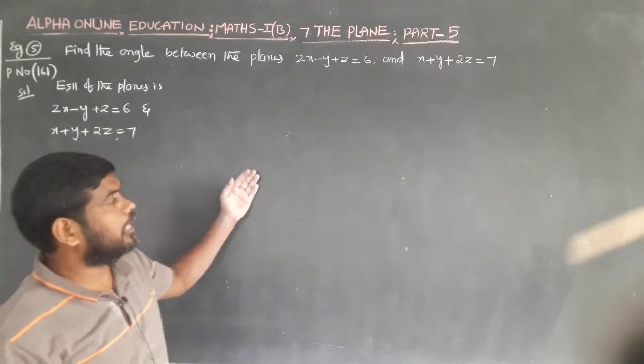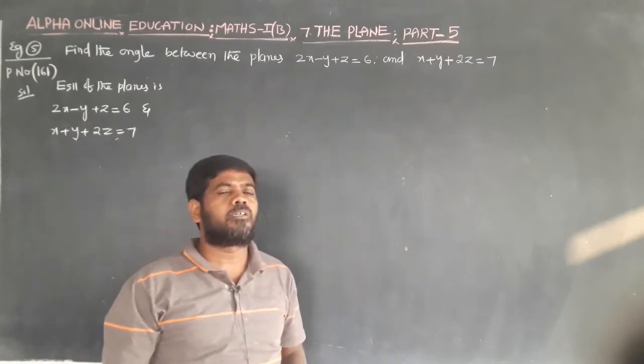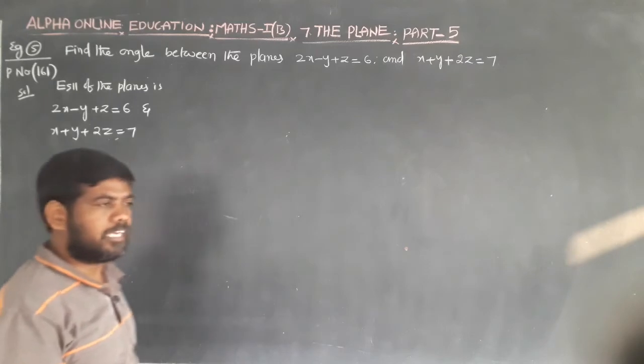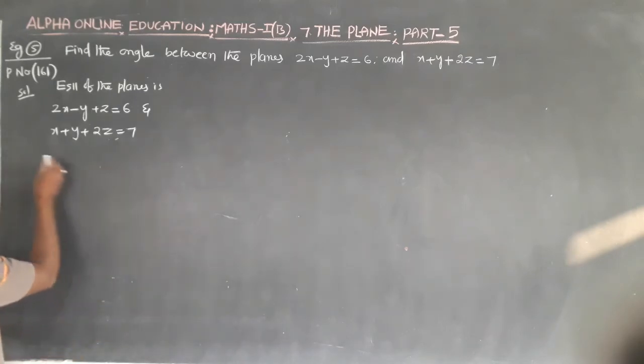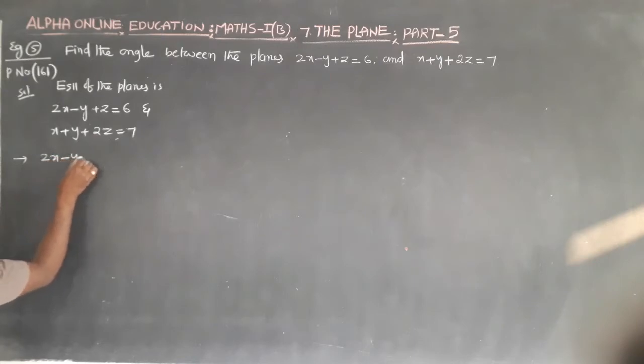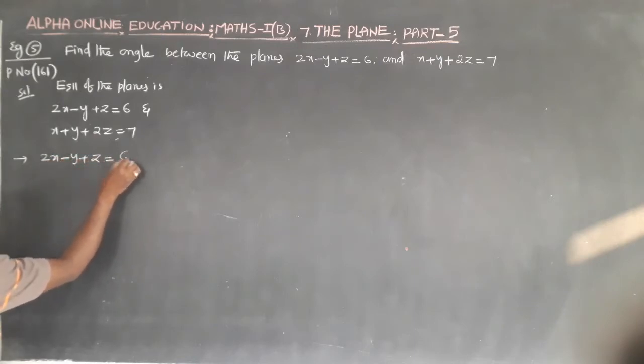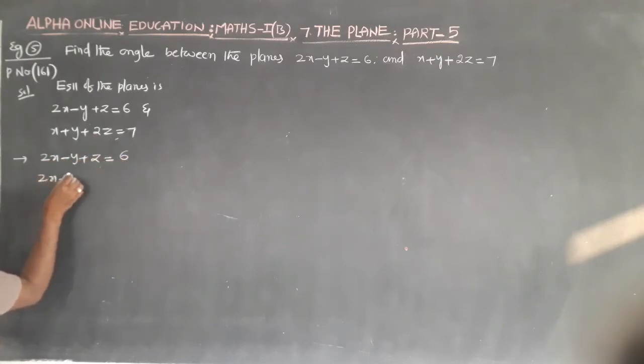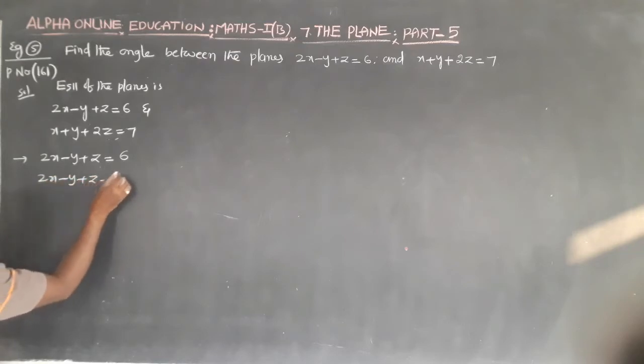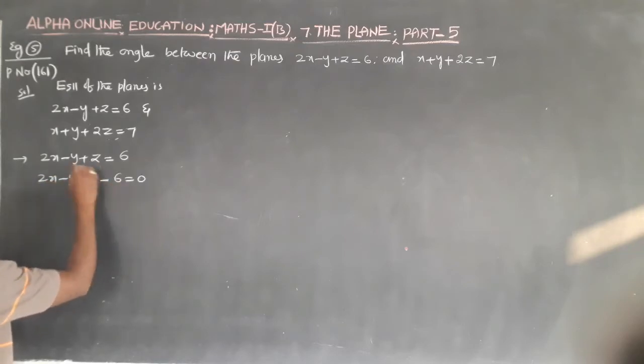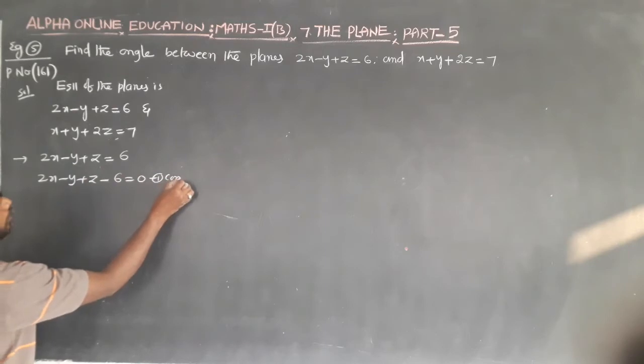Here find the angle between the two planes. Given planes write into orderly. First plane 2x minus y plus z is equal to 6, 2x minus y plus z minus 6 is equal to 0.